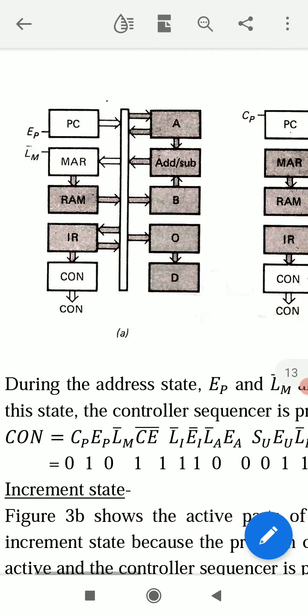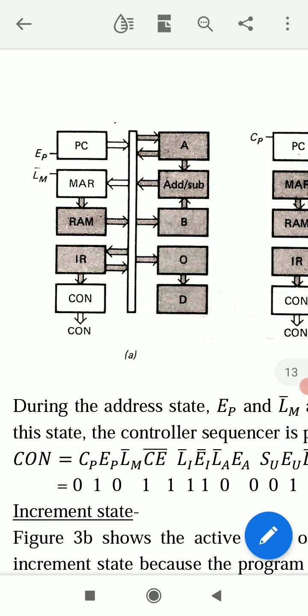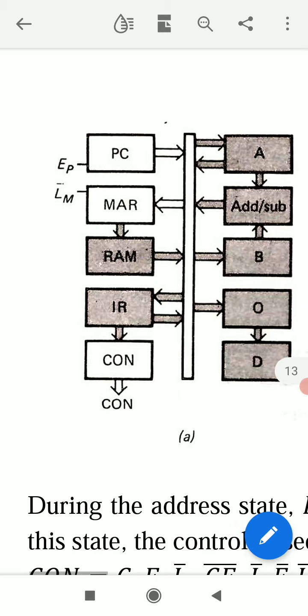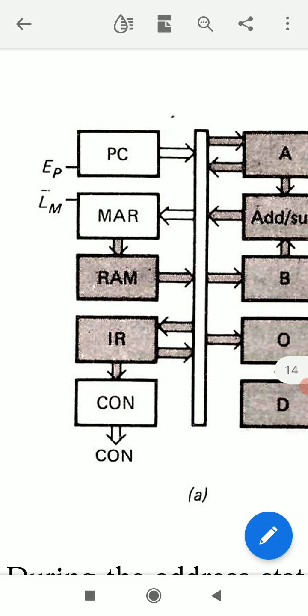During this first state, the T1 state, address is to be transferred from PC, program counter, to MAR, memory address register.